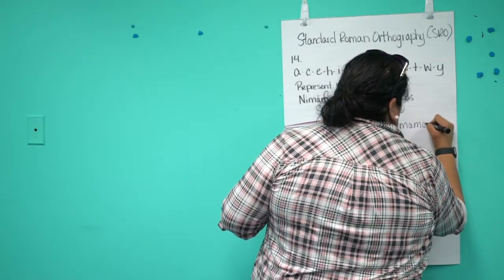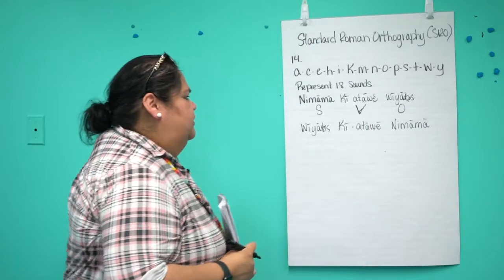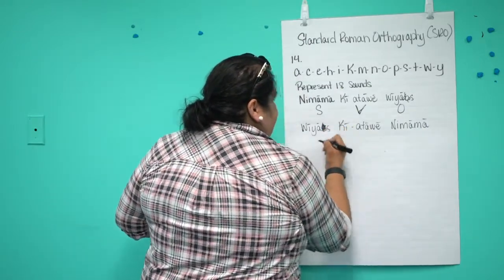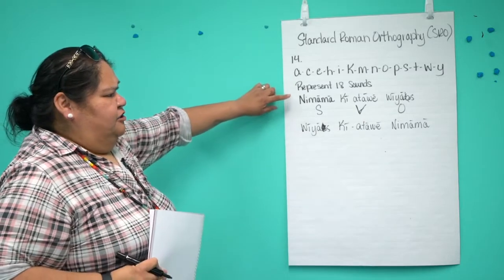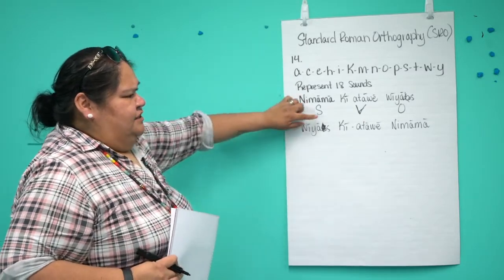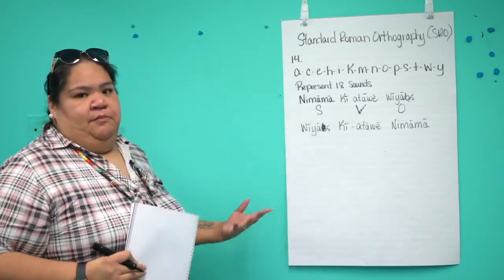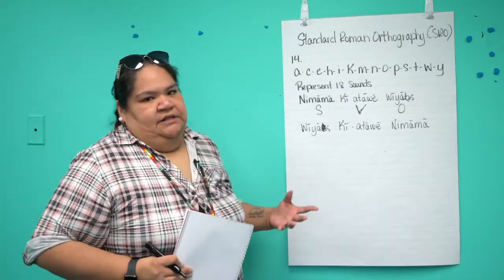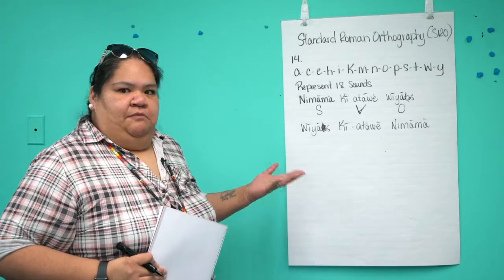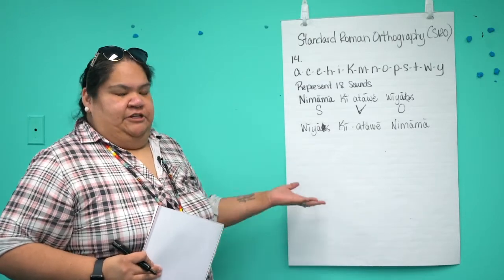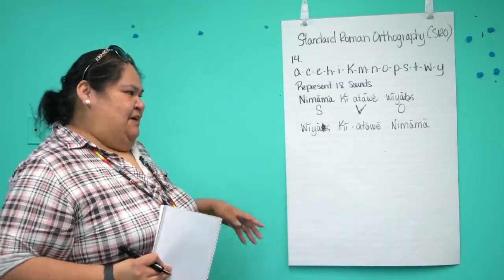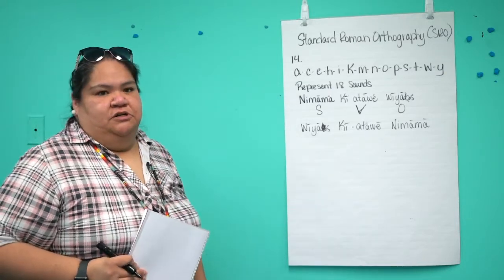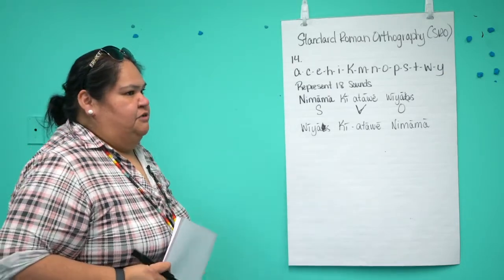So this is one example. This still means the same. This is still the same sentence. Ni mama kiatuewias. Wias kiatue ni mama. My mom is buying meat. Whereas in English, you can only say my mom is buying meat. You can't say meat is my mom is buying. It doesn't make sense. But for the Saulteaux language, you can mix your sentences up, and it will still mean the same thing.